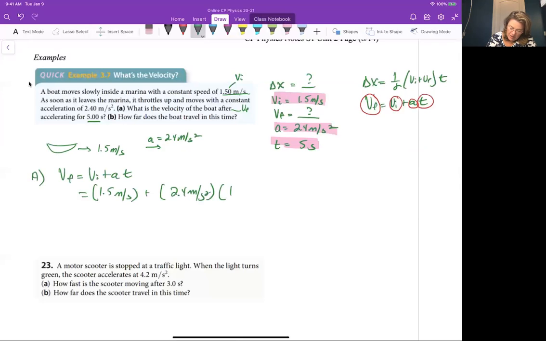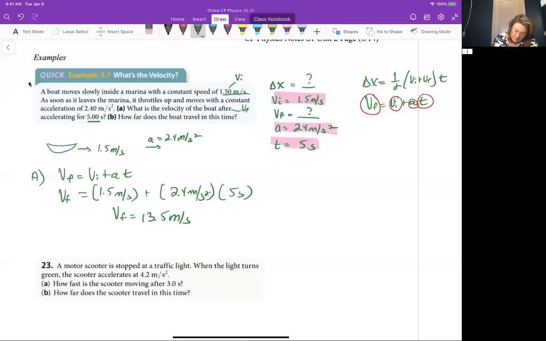And I have a time of 5 seconds. So 1.5 plus 2.4 times 5. So I get a final velocity of 13.5 meters per second.